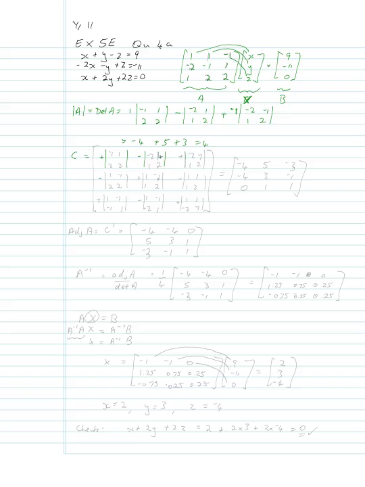Then we alternate, so that would be a negative, positive, negative, and then we'd have a positive again, negative, and positive. Okay, so for the first one, that'll be the same as my determinant above, where I had negative 1, 2.